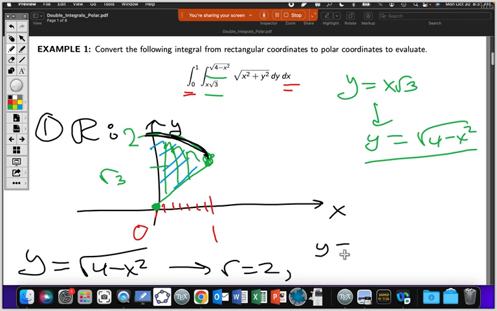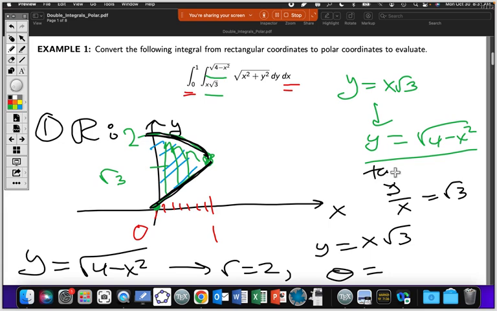And then for the y equals x root 3, which would be this down here, that's a line through the origin, so that's going to be a constant theta. And what would the theta there be? So you can think of this as y over x being root 3.